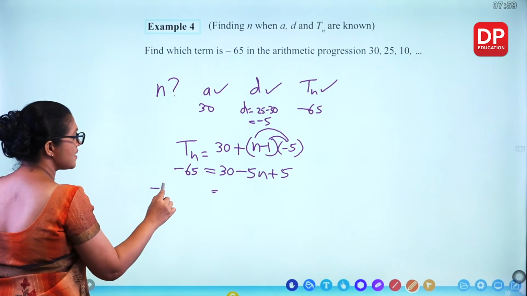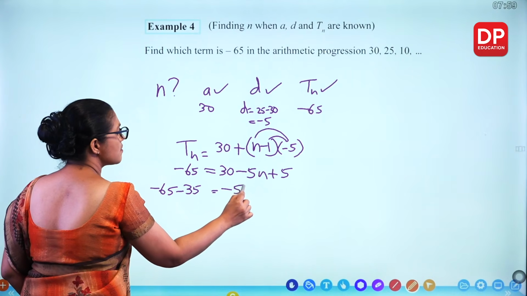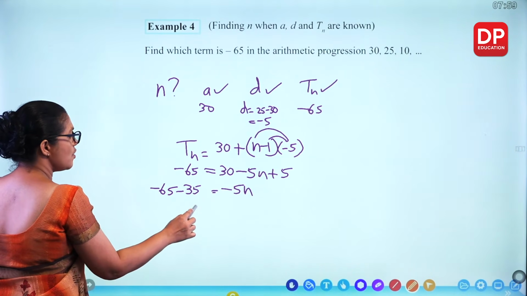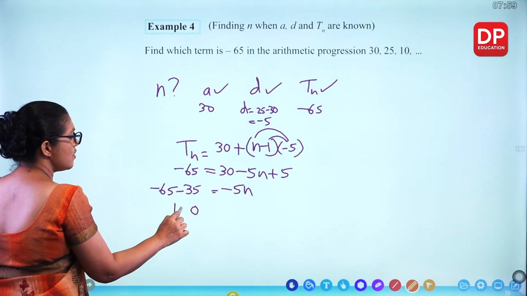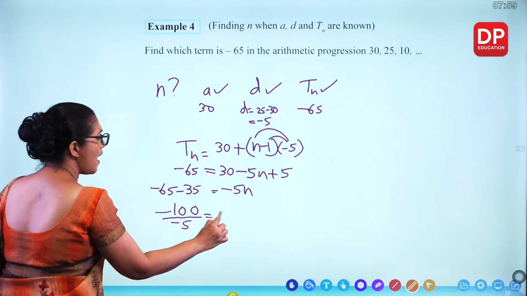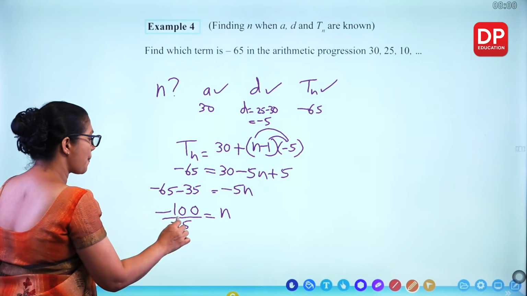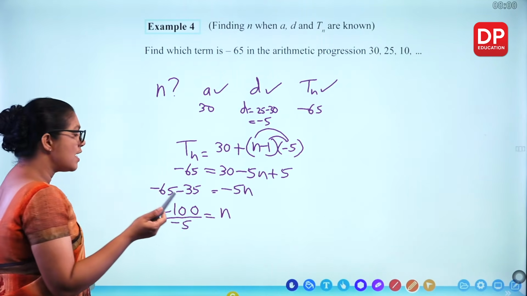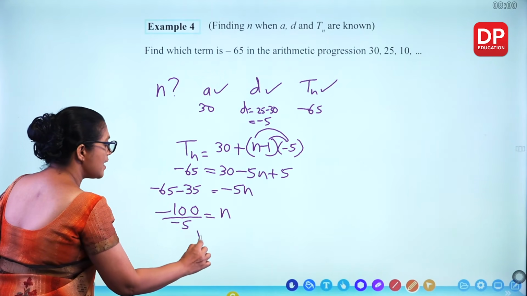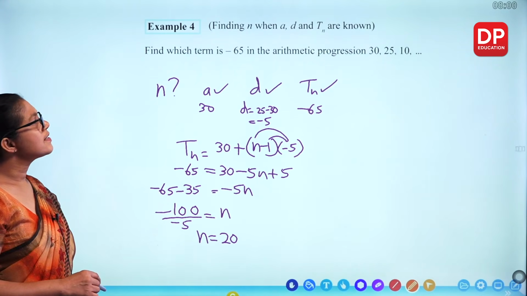When you take it to the other side, minus 65 minus 35 equals minus 5n. Adding these two together, you get minus 100. Minus 100 divided by minus 5 gives the n value. The minuses cancel out, and 100 divided by 5 is 20. So n equals 20.